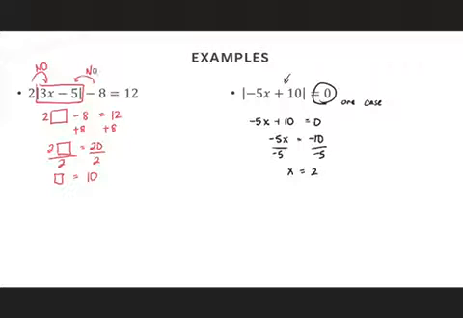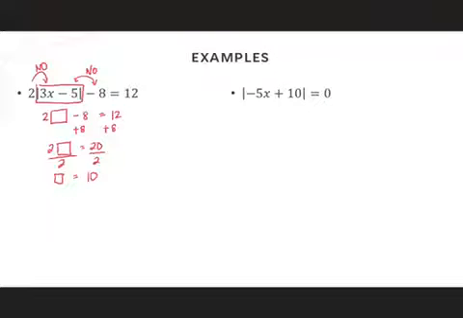Do not subtract that 8 inside. Do not add 5 outside. The absolute value is a unit. It's a group, and it has to be by itself. It has to travel on its own. Otherwise, you're going to get everything all messed up and mixed together. I'm going to erase my example over here so I don't have to erase that.